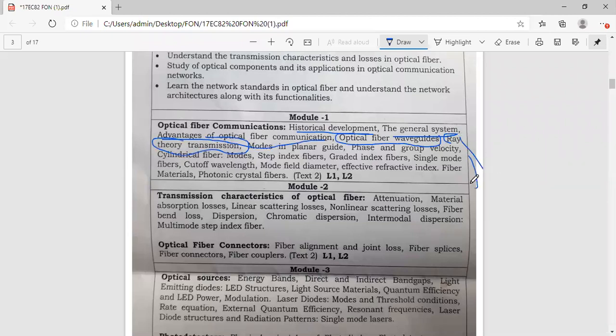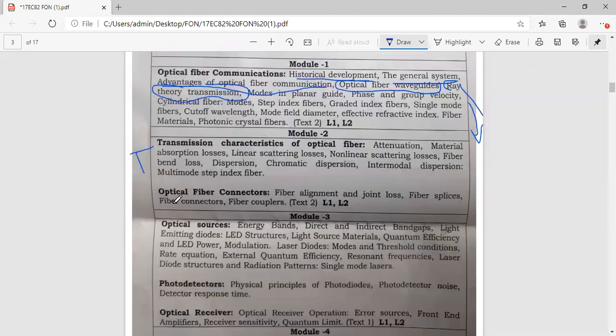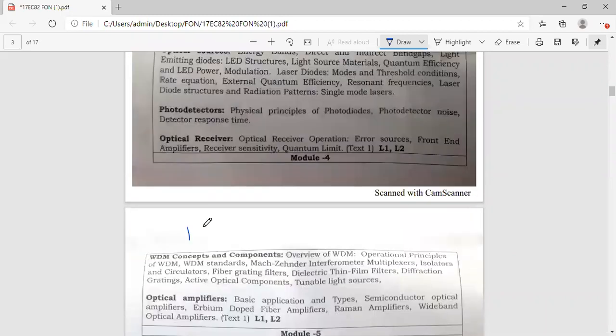In ray theory you will be studying, hope you know about this, let me write it here: TIR, total internal reflection, acceptance angle, then skew rays. These were all the basic things in optics. So these are the basics you will study in ray theory transmission.